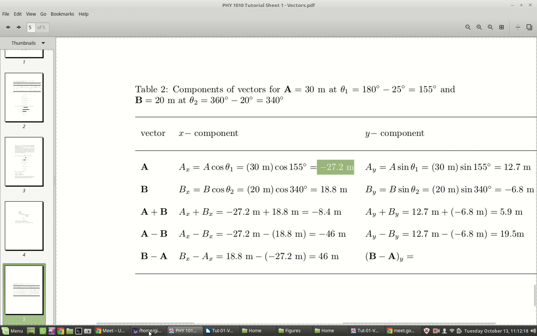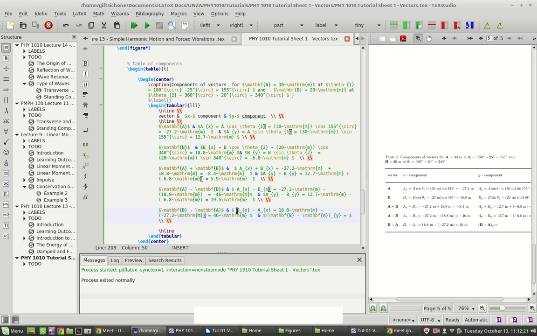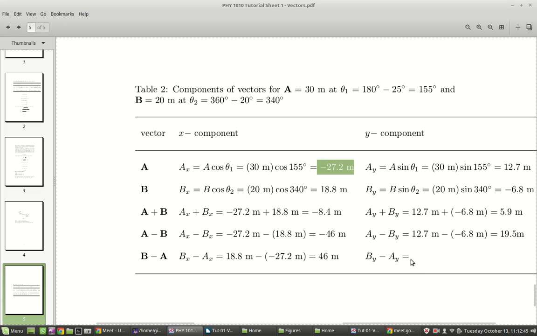Okay. Then the other one is the last bit, by minus ay. By is minus 6.8 meters, ay is 12.7 meters.